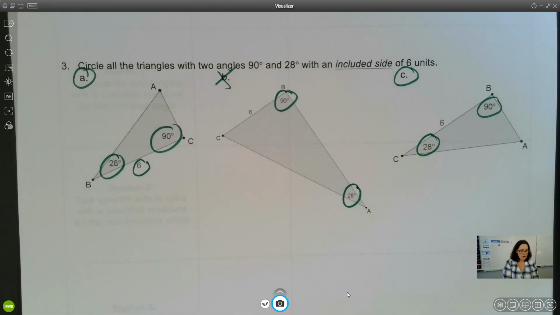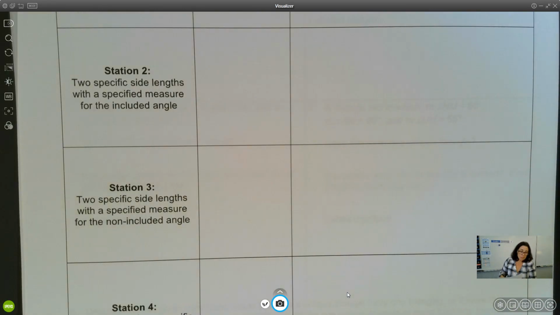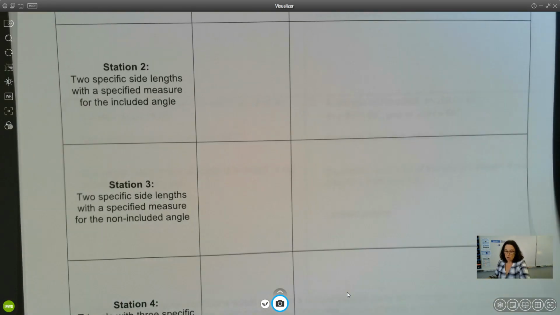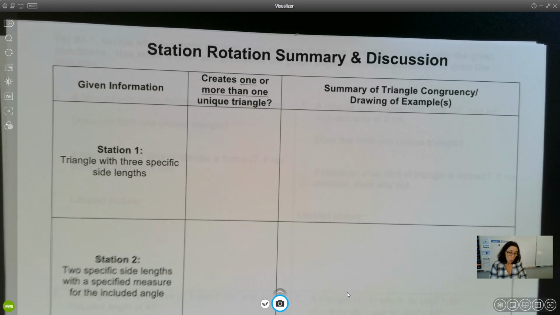All right, the next page of notes is kind of like a fill-in chart. I really would like you guys to print out my answer key copy to this or jot this down as we're about to go through it. If we were present in class right now, there would be 5 stations that you would be going to, and we would be constructing some triangles depending on what's told to us to construct.